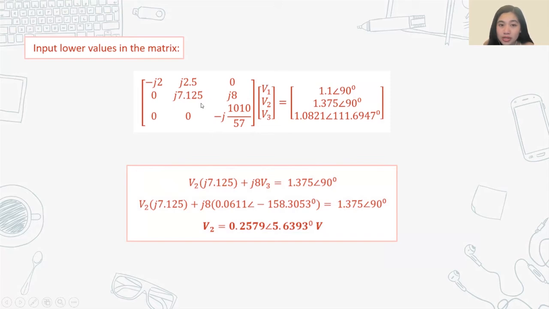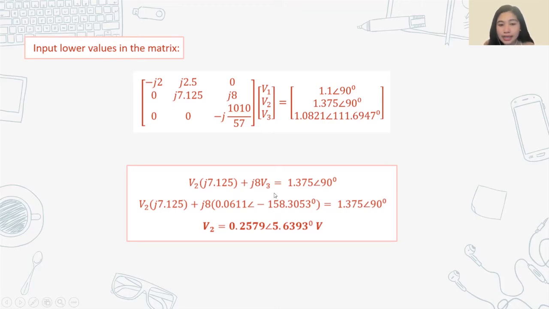Even if you add it to the other values, it has no effect. So we start right away with V2 times J7.125, added to J8 times V3, which is equated to 1.375 at an angle of 90 degrees.